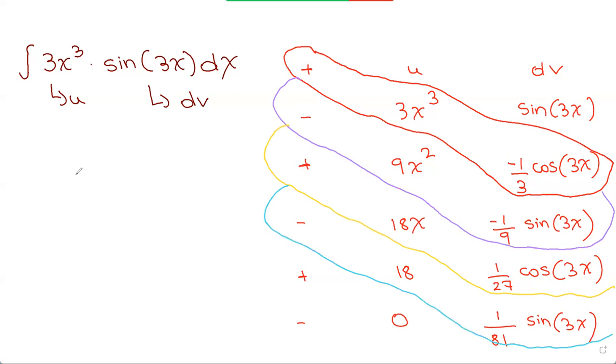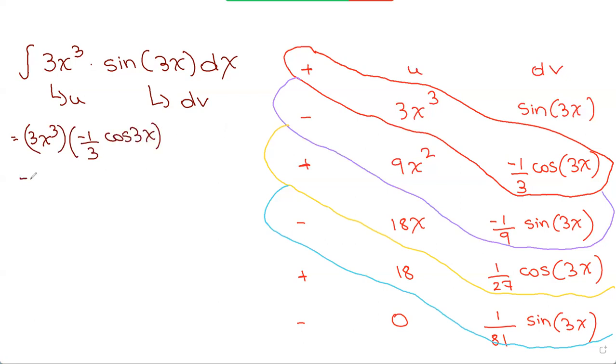So let's go about solving this. This would be equal to 3x cubed times minus 1 over 3 cosine 3x.